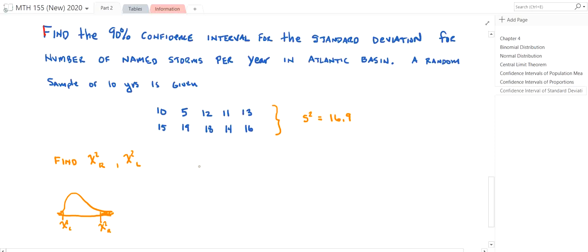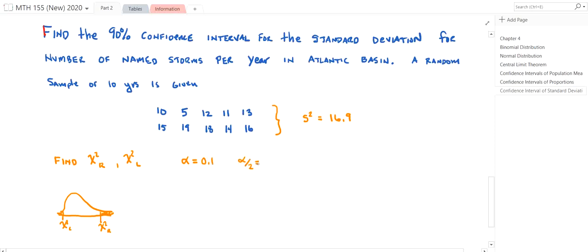So we've got to come up with our alpha then. So alpha is, if we're going to do this with a 90% confidence interval, so our alpha is 0.1.